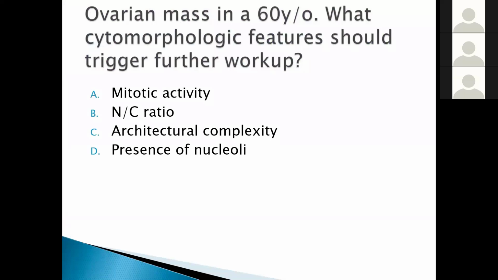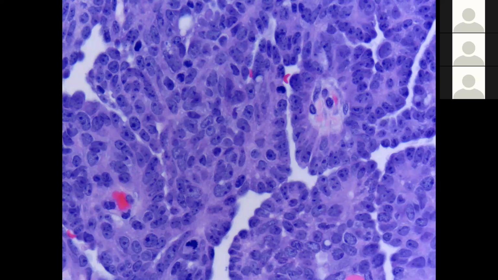So what does the picture show? Germ cell tumor? No, okay, good. So what is it showing? Carcinoma. And we are in the ovary, right?